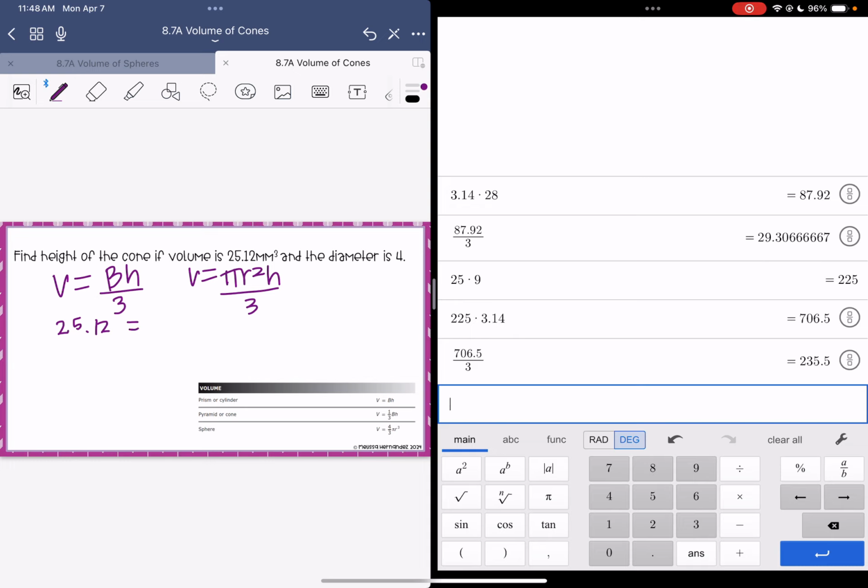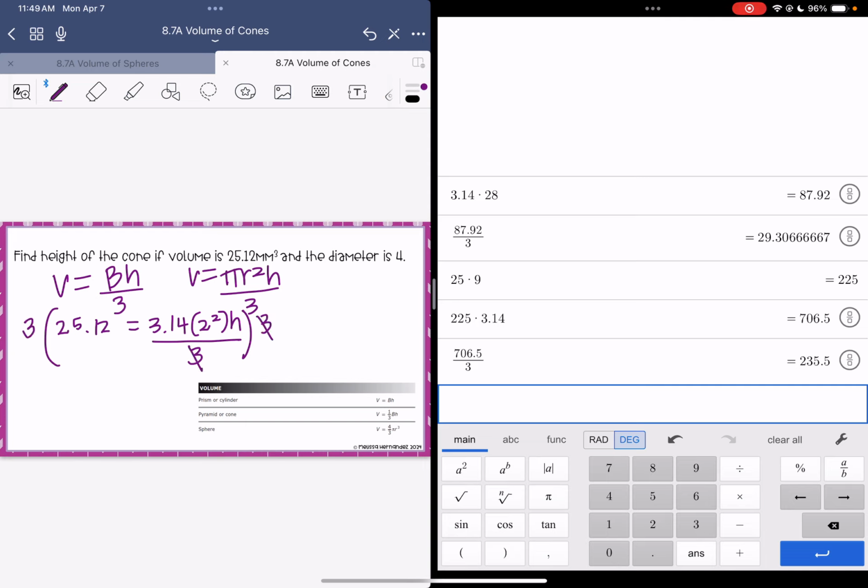25.12 is equal to 3.14. Now the diameter is 4, meaning the radius is 2. Now, using inverse operations, we'll multiply both sides by 3. 3 over 3 becomes 1.